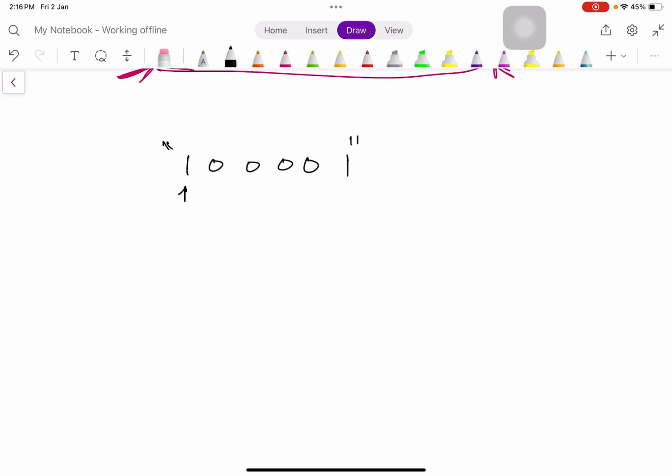Initially we have a 1. Now this 1 is followed with a 0, right? Whenever a 1 is followed by a 0, we can say that this 0 balances this 1.